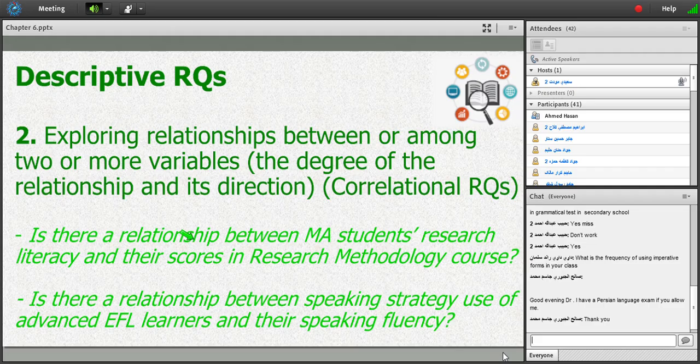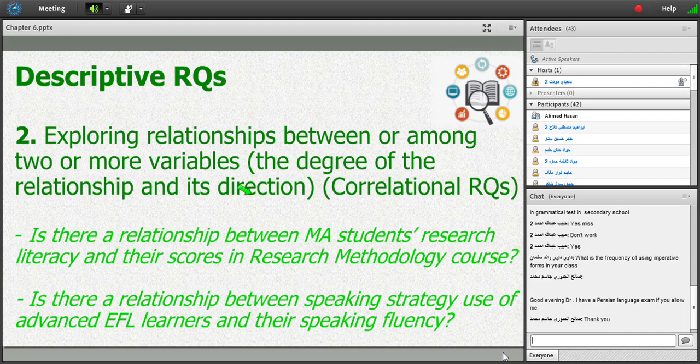This is the question that I write for my research. I want to check the degree of relationship, meaning whether there is a significant, weak, or moderate relationship. And I want to check the direction.